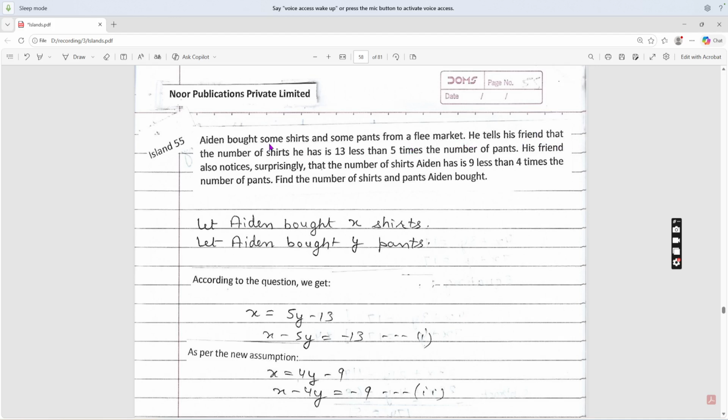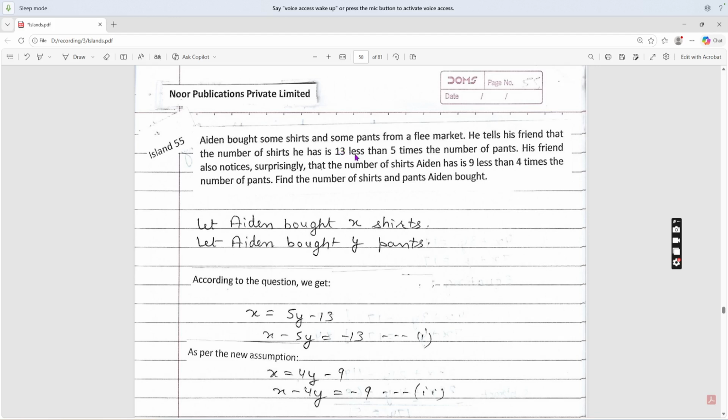He tells his friend that the number of shirts he has is written. As soon as you see "is", put the sign of equality, and on the LHS of the equality you have to put what is written before "is". It is written number of shirts, and the number of shirts is x, so x is equal to. Up to here you got it. And now see what is there on the RHS.